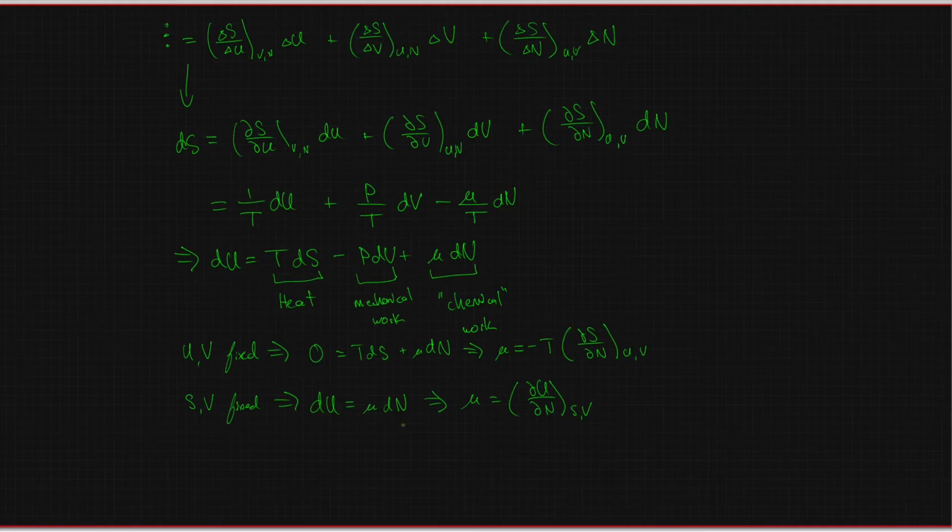And we can use this relationship to determine what the units are for this chemical potential right here. We could have determined it before, but this is just a little bit nicer. So does anybody have any thoughts, from this relationship, what do you think the units are for the chemical potential? Look at the units on this side, they have to match the units on that side, right? So the units for the top are what?